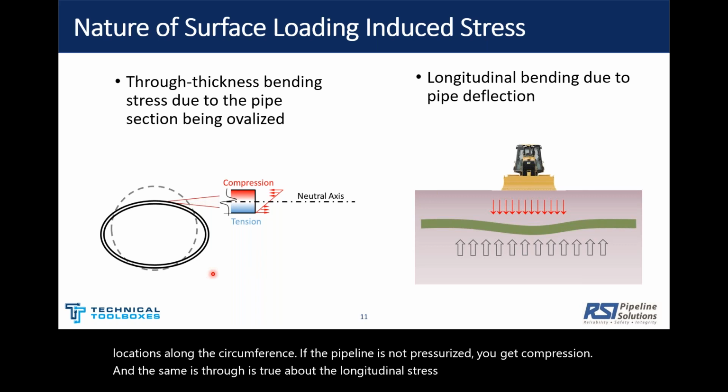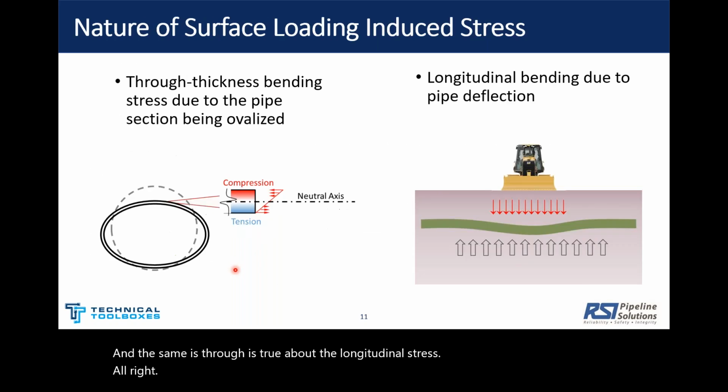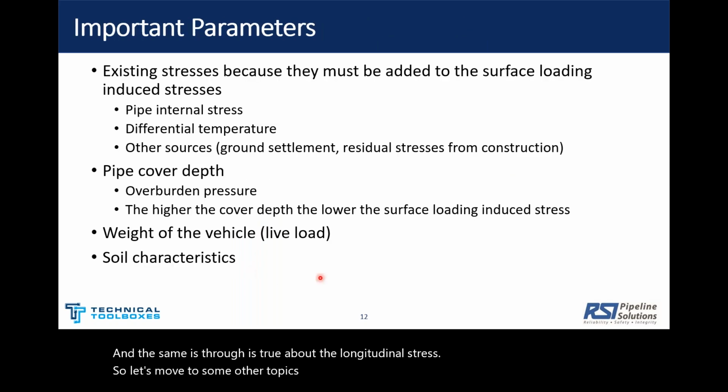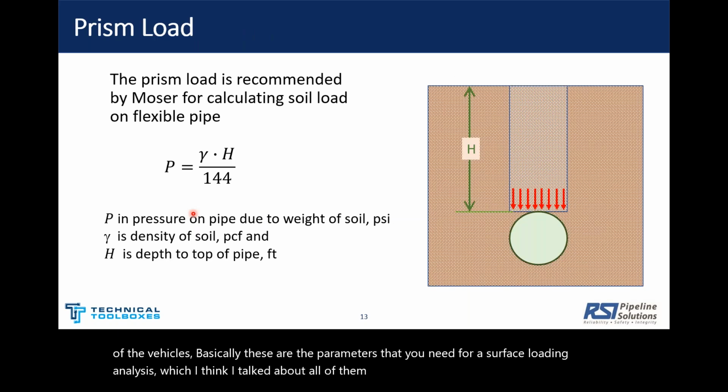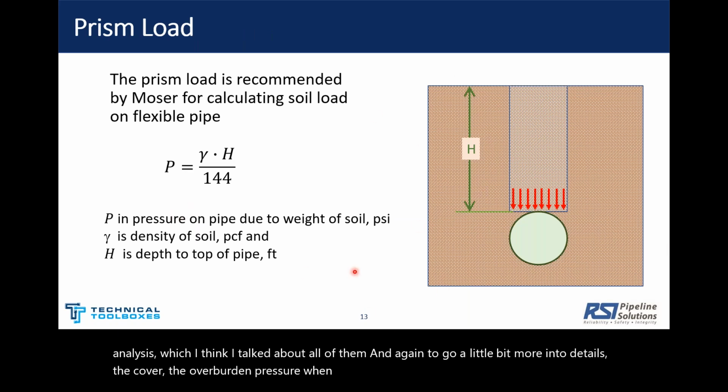Moving on to the topics that we have. Here I talked about the cover depth, the dead weight of the soil, and the weight of the vehicles. These are the parameters that you need for a surface loading analysis. To go a little more into detail, the overburden pressure, when we are using US customary units, can be calculated from this equation.